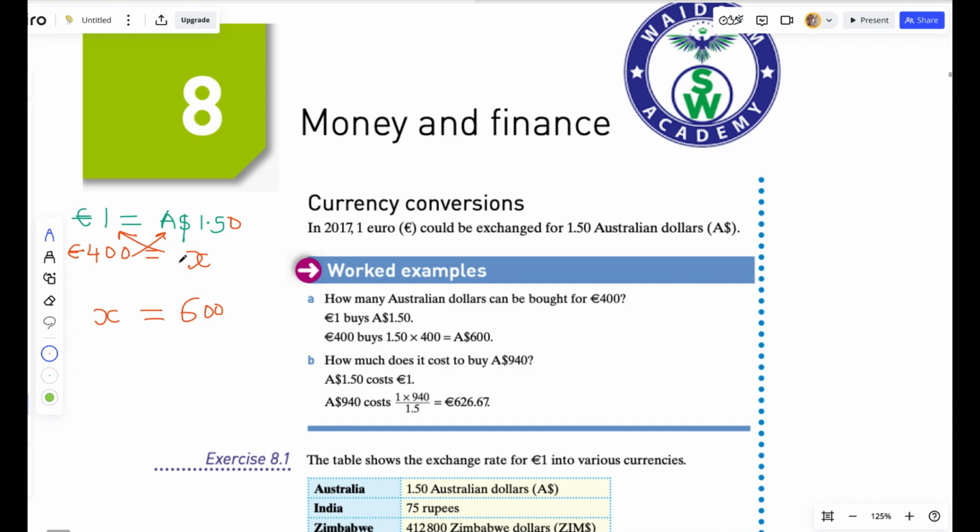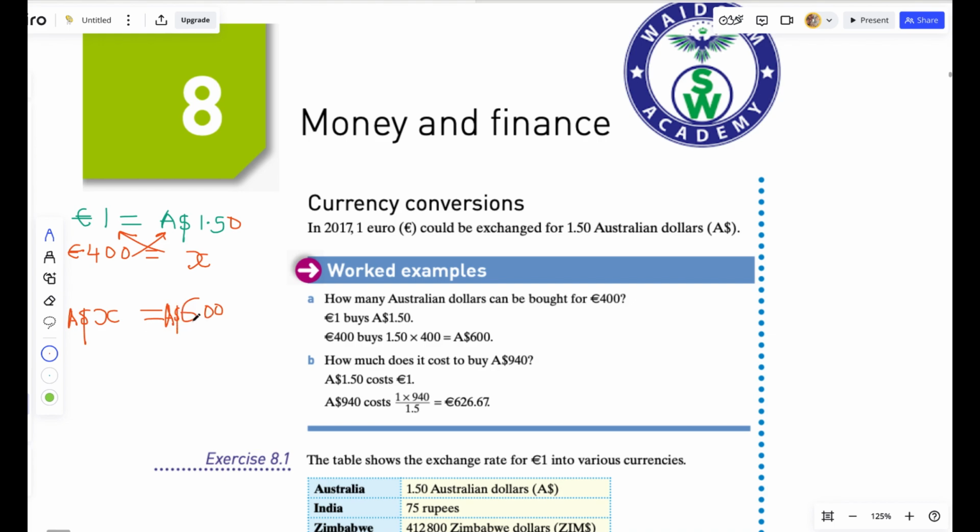Because you are looking for the value of the Australian dollar, X will be equal to $600. The money will be 600 Australian dollars. That's what you get when you exchange 400 euro.